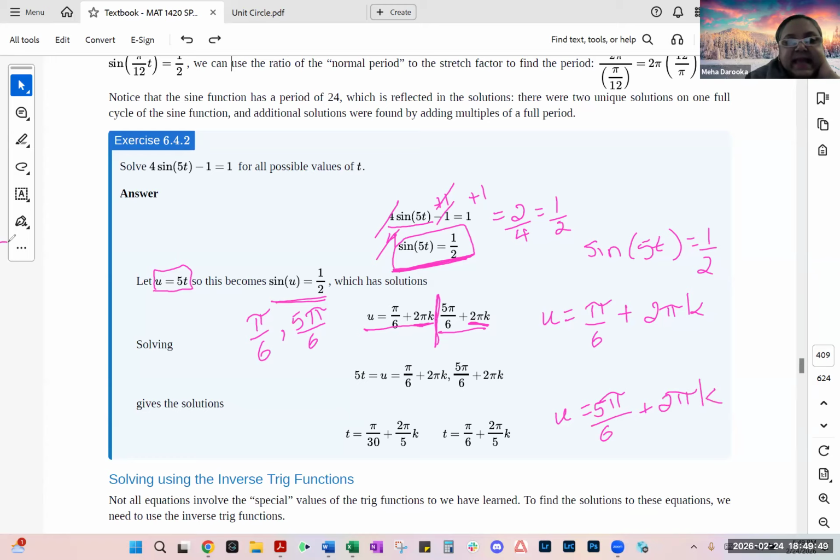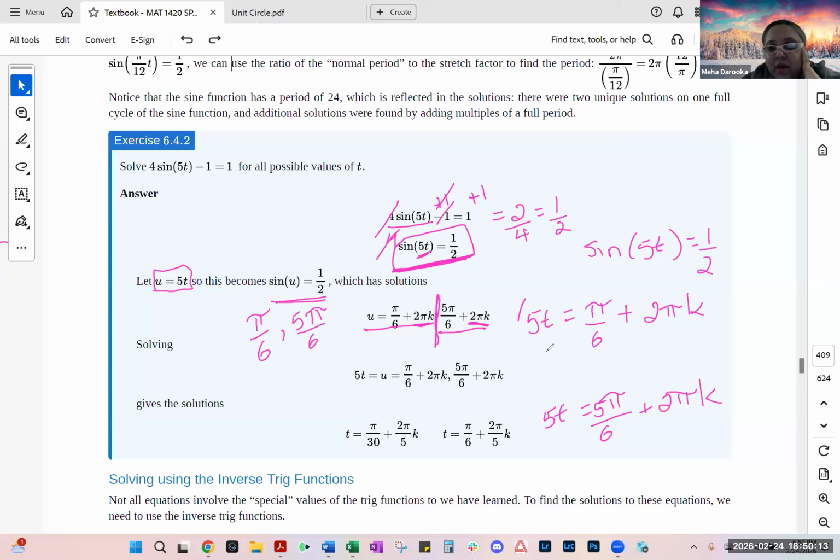Once you get to this stage, then we can go back and undo the substitution in a way. Instead of u, you can now replace it with the original value, which was 5t, and then basically get t by itself. Since you are multiplying t with 5, that tells us we need to divide everything by 5.